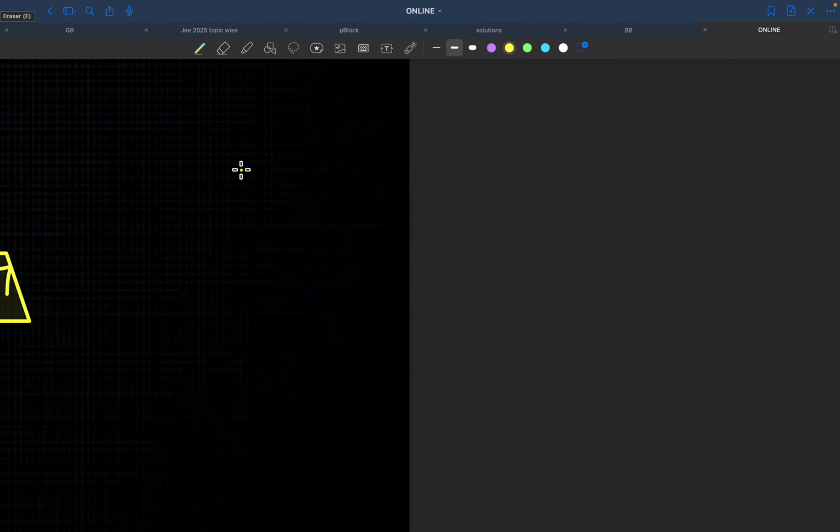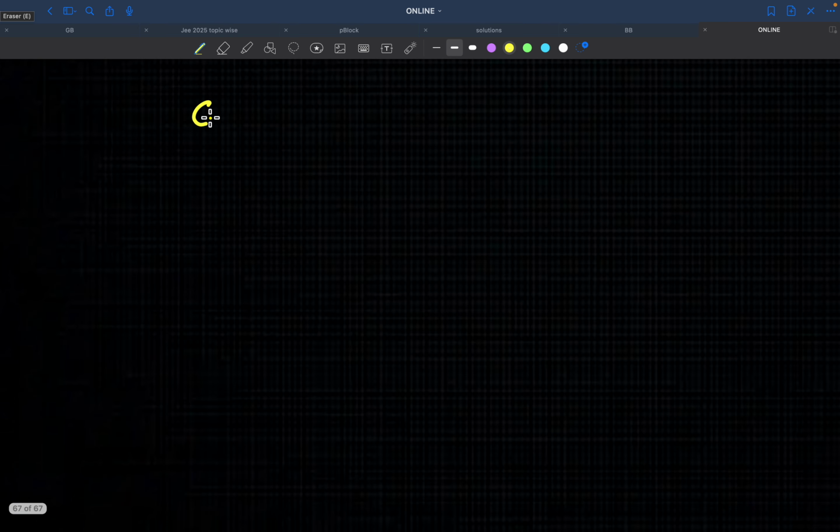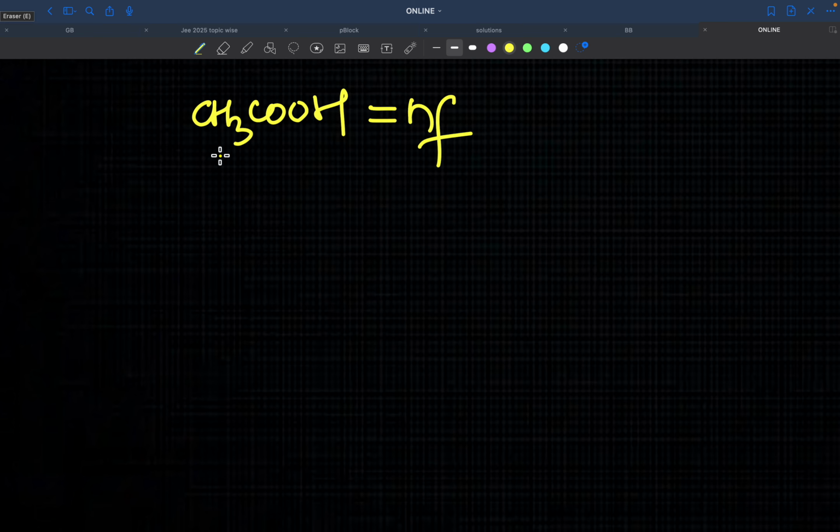We'll take a few more examples, like CH3COOH. The number of hydrogens is not the n factor. The number of hydrogens which can be displaceable is the n factor. Tell me its n factor. These hydrogens are not connected to oxygen.